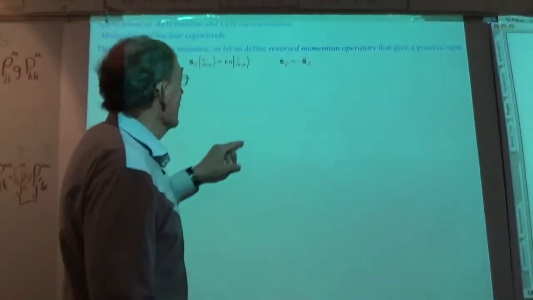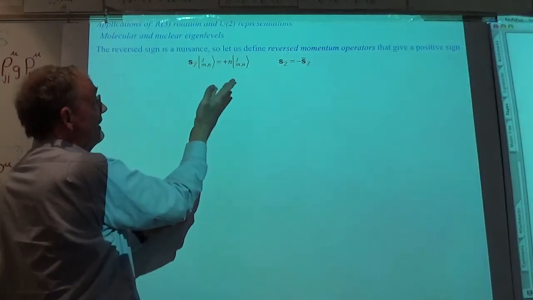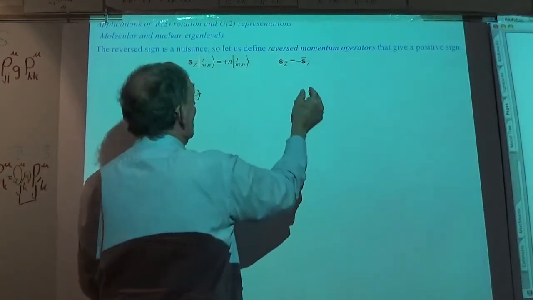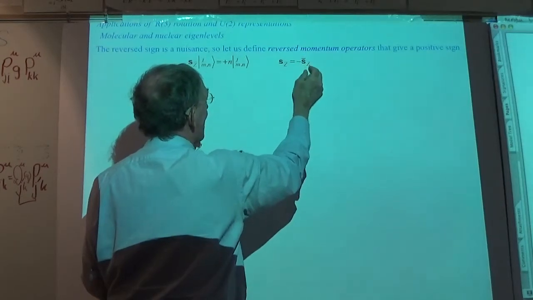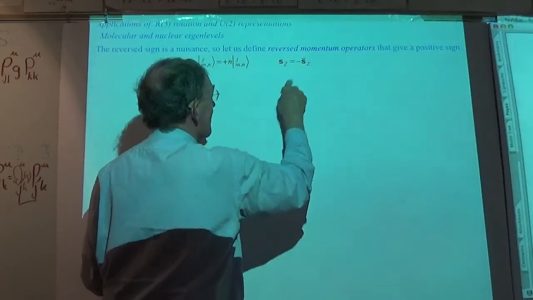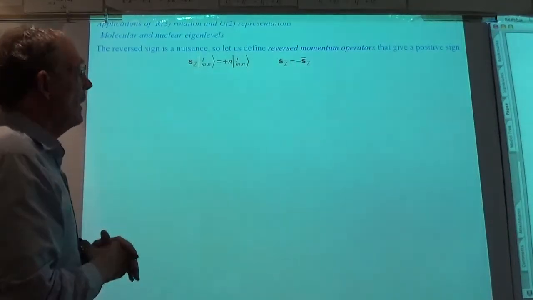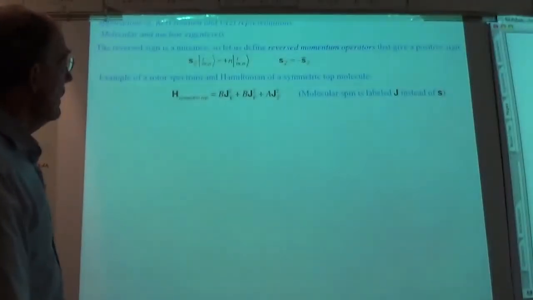So what I do is I take the little bar off the z that represents the body component and stick it over the s there and have a minus sign. That's my definition of sz bar. We're going to take the viewpoint of the laboratory and we're going to use that as our operator.